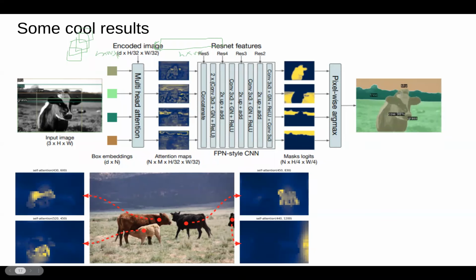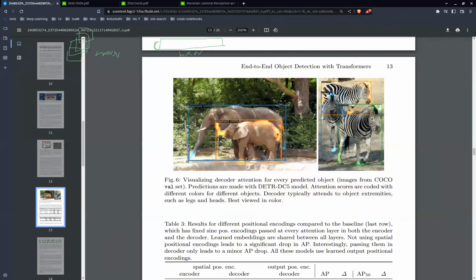There's something else I would like to show you, from the same paper. Because it's outputting multiple objects, it's basically giving out 100 outputs.